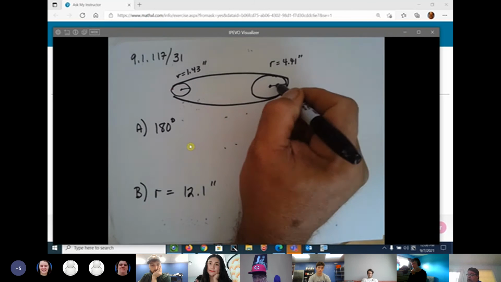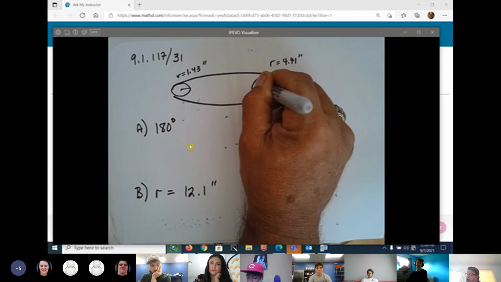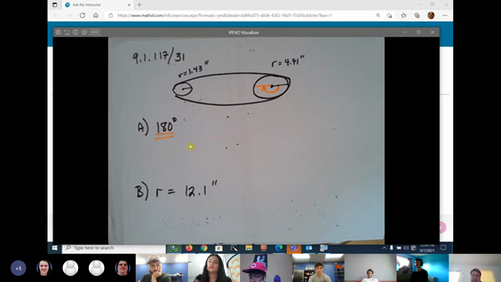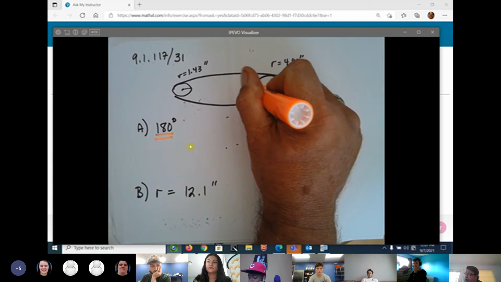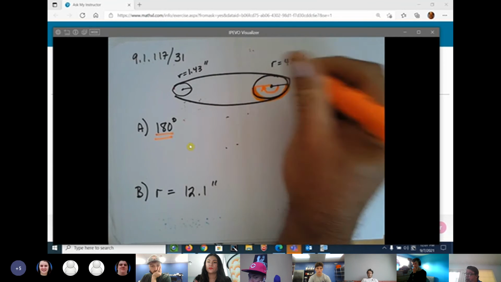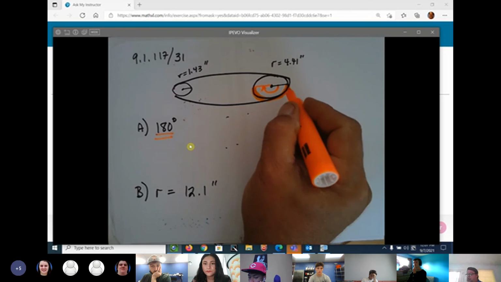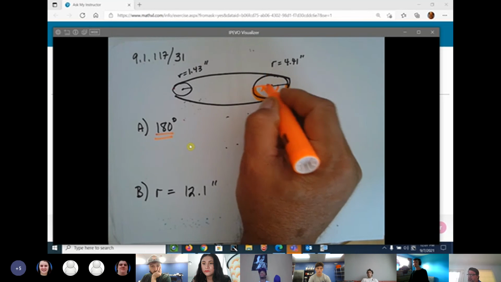So this one is going to turn 180 degrees. I'm just going to use this as a marker. Everybody with me? That's 180 degrees. And that means that this distance right here is what? Now I'm not worried about it making contact with the chain. That's too much to be thinking about. All you need to be thinking about is how much that distance is right there, because you can always turn the gear to change.